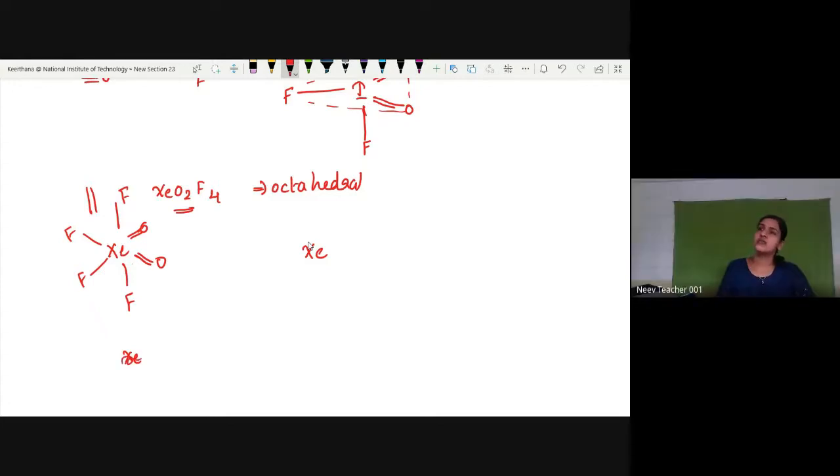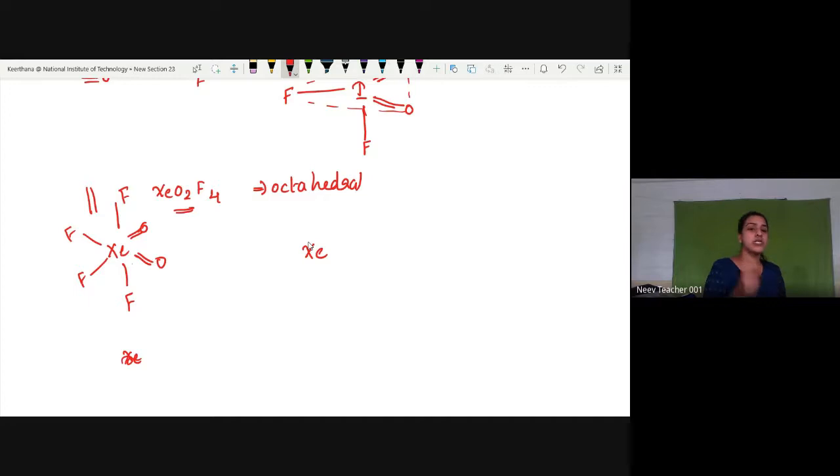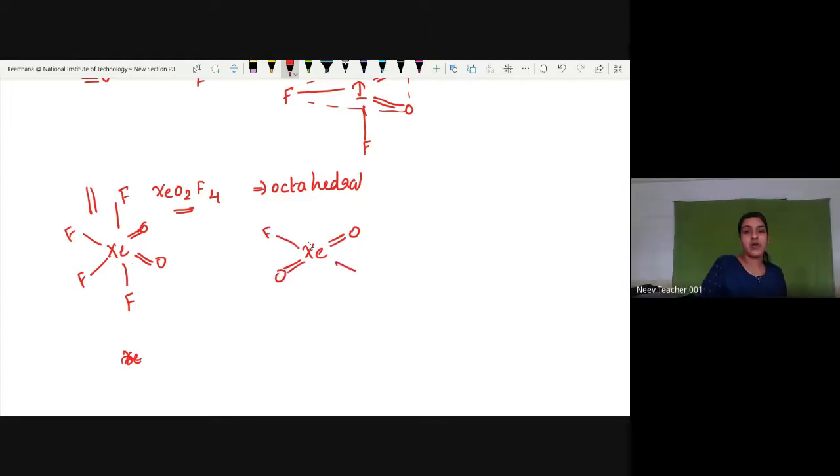Yeah, that is actually not needed. We can't say the oxygen should be in axial bonds, because octahedral geometry is symmetric, and all these four bonds are the same. If you draw them on opposite sides, that's fine, and drawing like this also is fine.